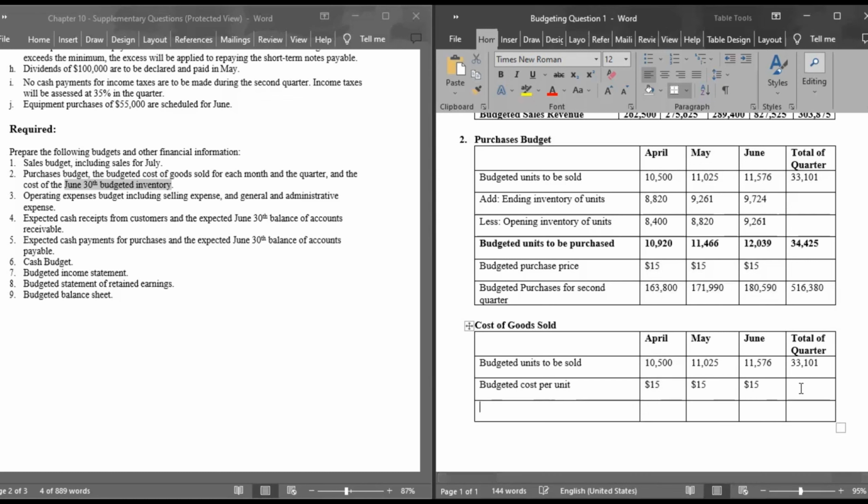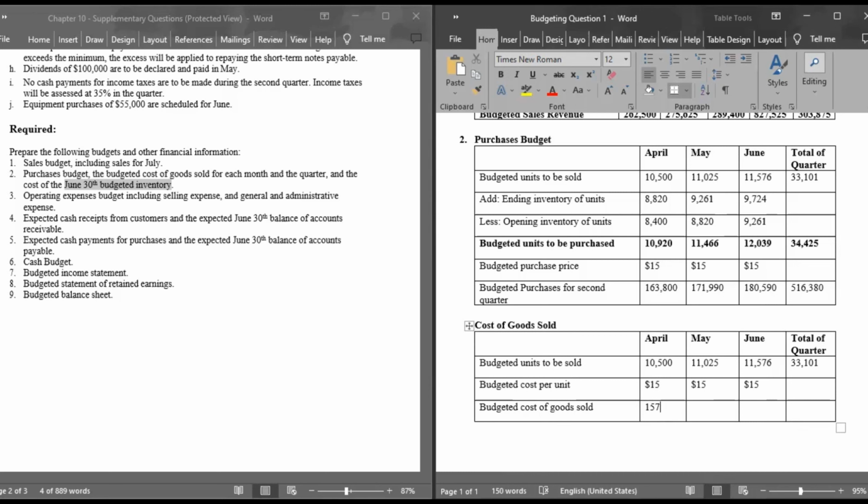When we multiply these two values, the answer will be budgeted cost of goods sold. Just multiply 10,500 with 15 and let me know the answer.